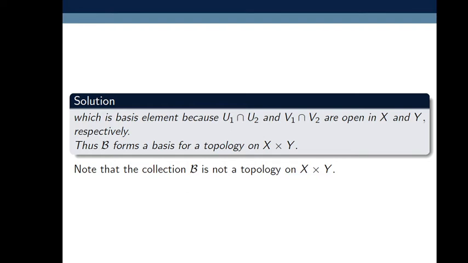Then the union of two rectangles is not a product of two sets, so it cannot belong to script B. However, it is open in the Cartesian product of X and Y. So the union of two rectangles could not be the product of two sets. So this condition fails for a topology. That's why script B is not a topology on the Cartesian product of X and Y.